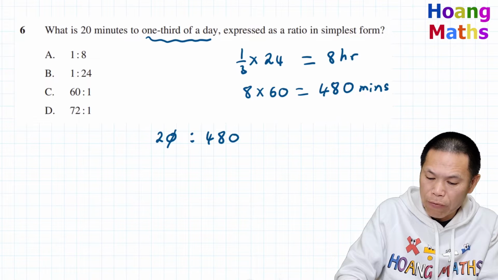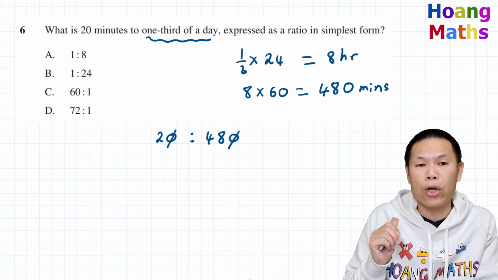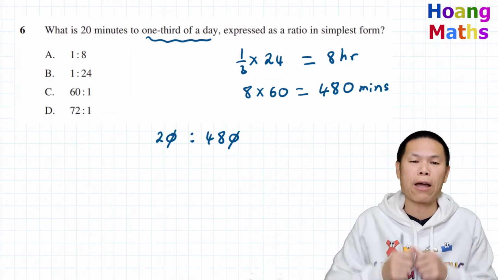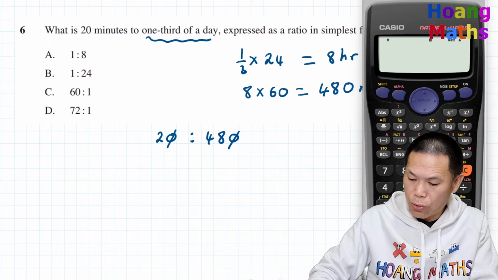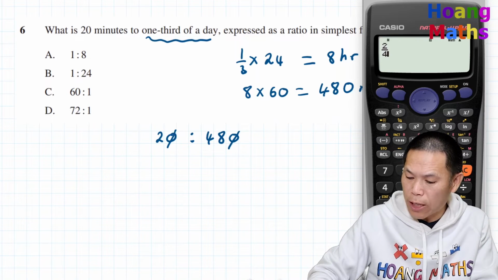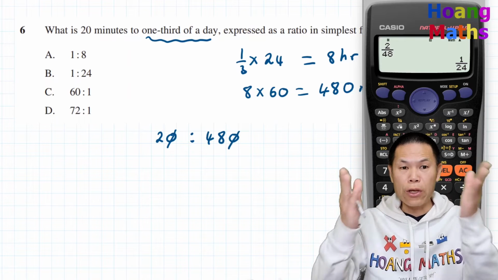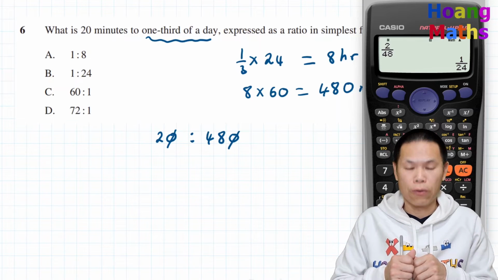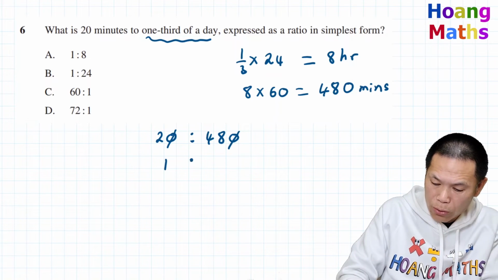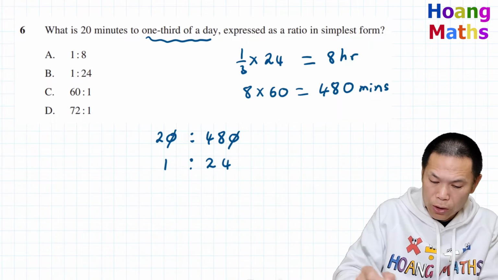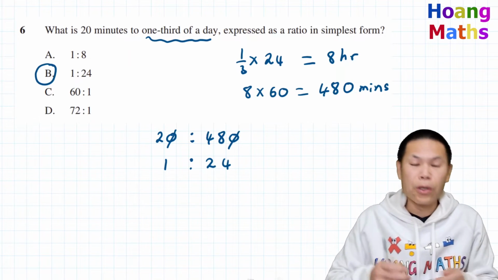Then we can simplify this. Otherwise, you can just put on a calculator. So let me just put in a calculator for you. So we just go 2 over 48. You should get 1 over 24. So there you go. So that is 1 to 24. So the answer should be B. So there you go.